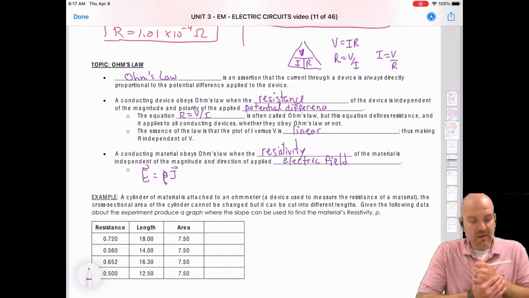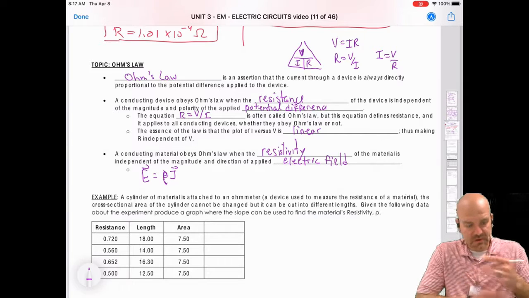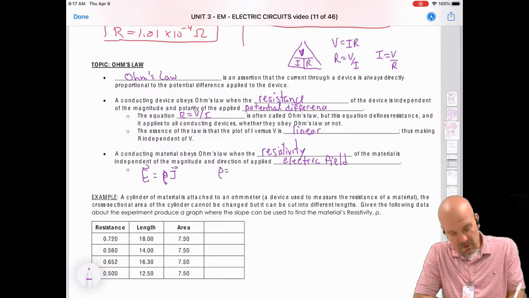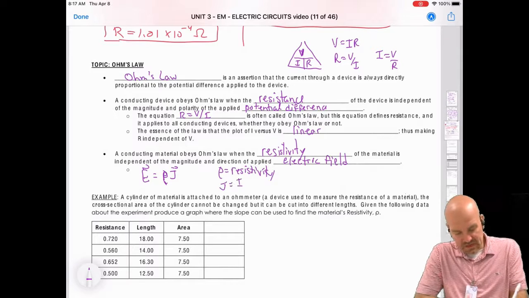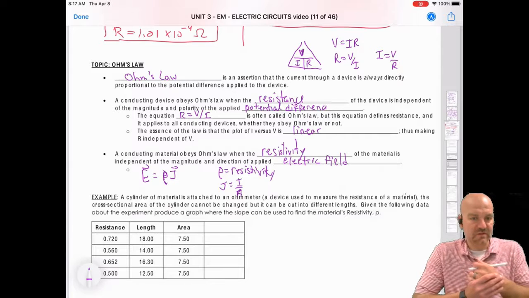Okay, so the electric field is equal to rho J, right? And rho in this case is not density; it's the resistivity that we talked about in the last video. J is I over A, right? And so you can see the different versions of this equation that you can start writing out.